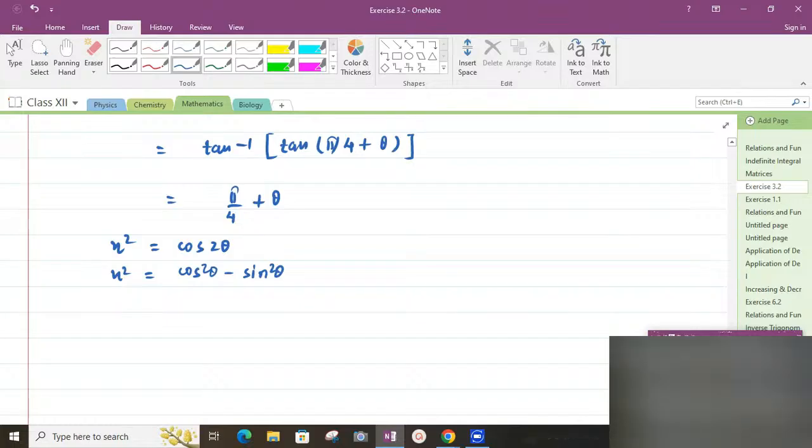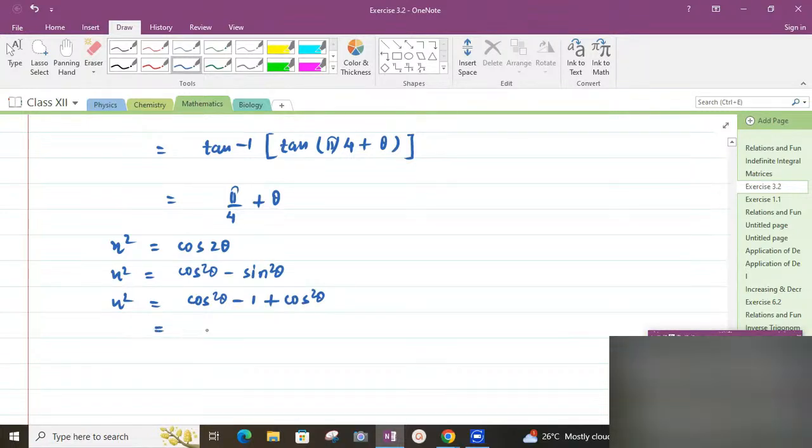We convert this one into cos. So here will be x square equal to cos square theta minus 1, and here will be sin square theta equal to cos square theta. So here will be cos square theta.